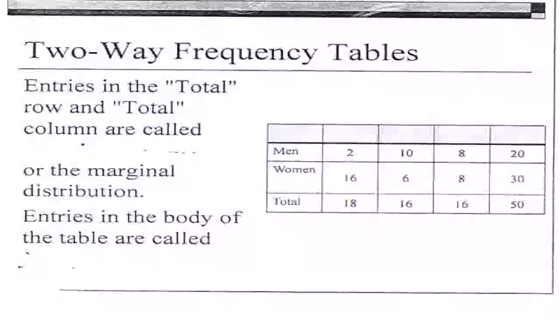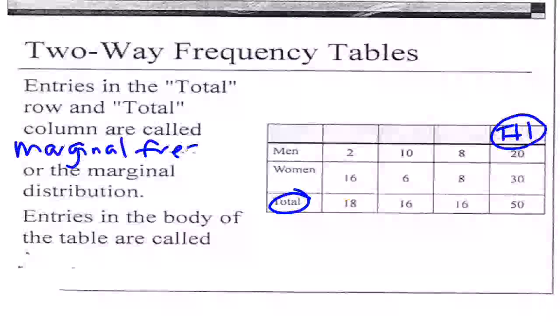Some more definitions. When we're looking at the total column or the total row, we call those marginal frequencies because they're on the margin. We can also call it the marginal distribution.